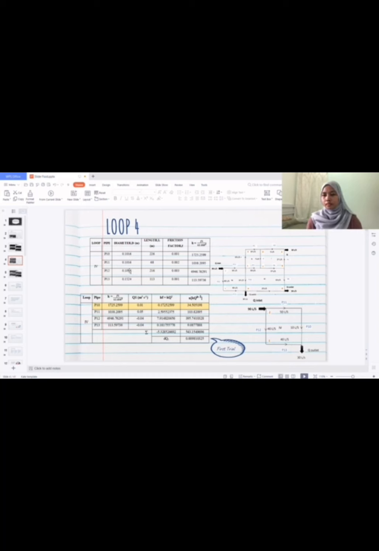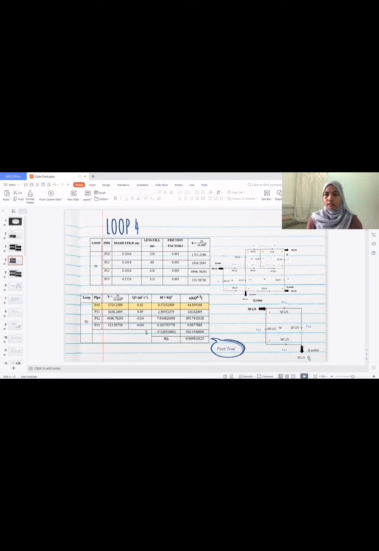And then for loop 4, the diameter, length and friction factor are given, and here is the area of loop 4, which has pipes P11, P10, P13 and P4, starting with the Q inlet, which is 19 liters per second, and the Q outlet is 13 liters per second.